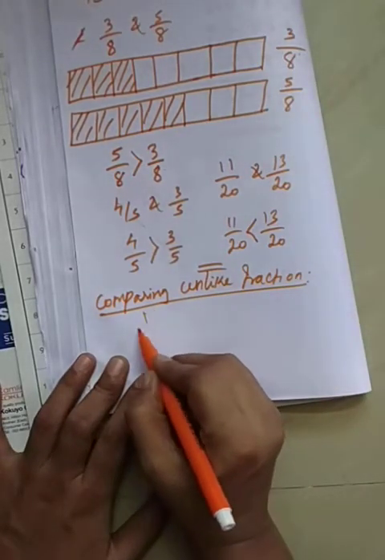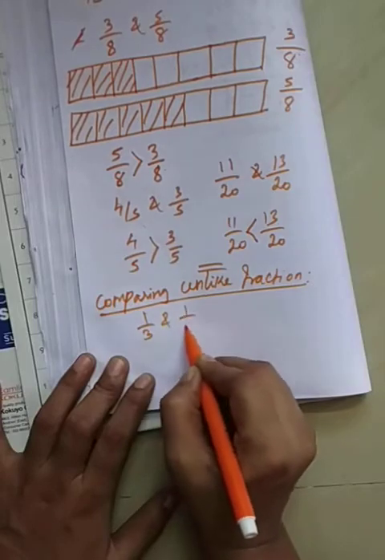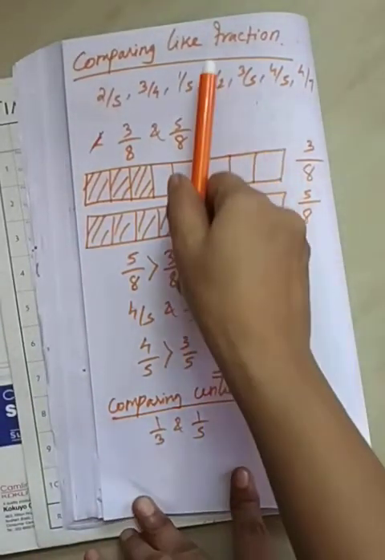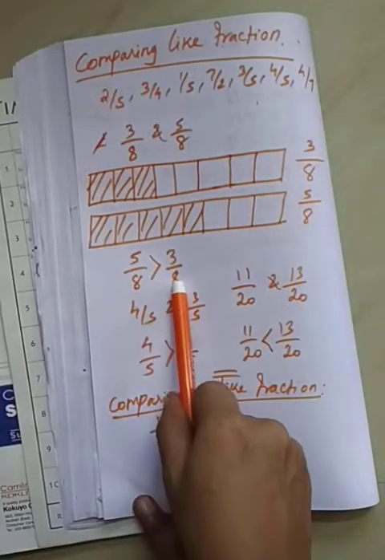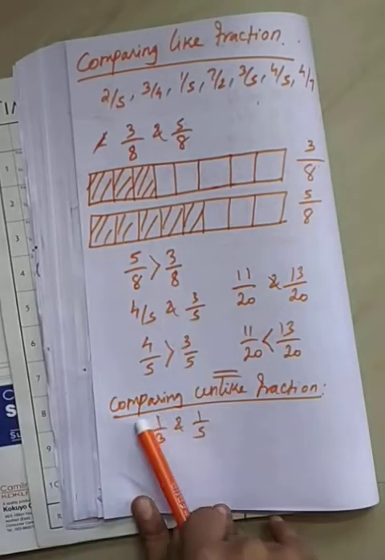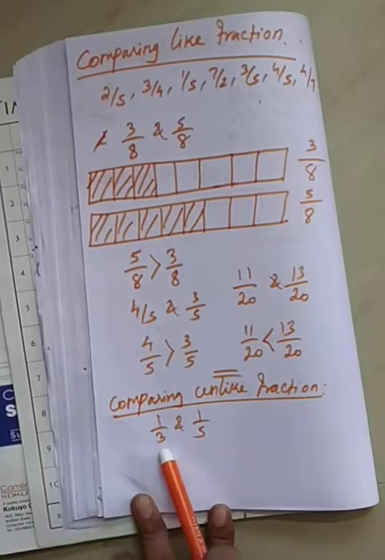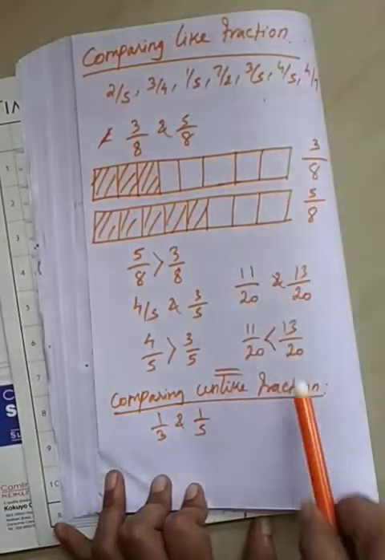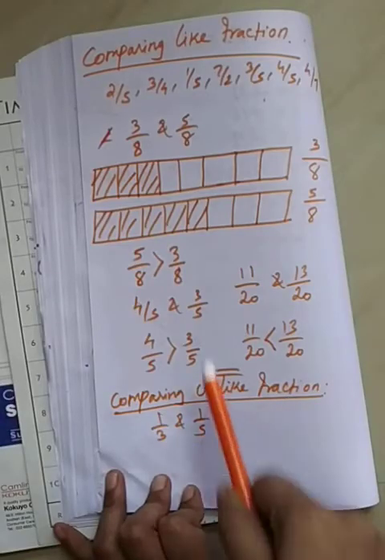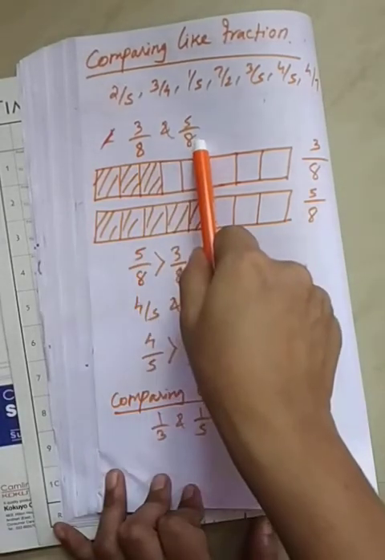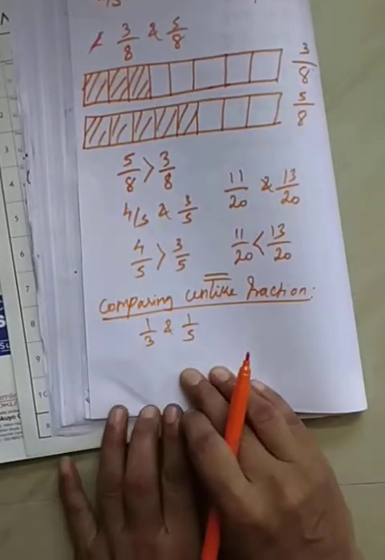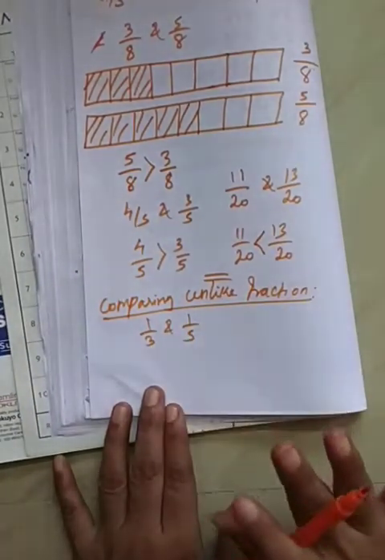See an example, 1 by 3 and 1 by 5. This is unlike. What is a like fraction? Like fraction means same denominator. Unlike fraction means different denominator. If the denominator values are equal, that is a like fraction. If the denominator values are different, that is an unlike fraction.